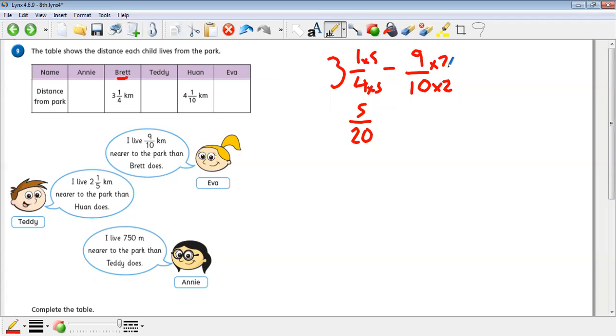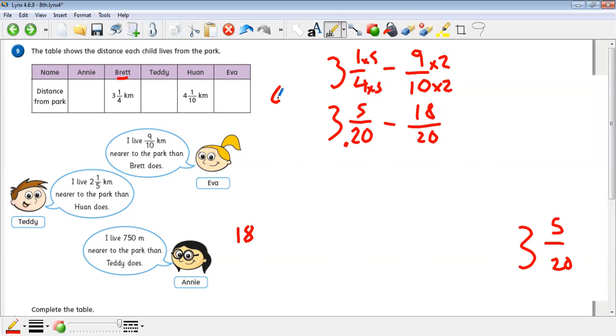Over here would be 18/20, sorry, brain froze there. 3 and 5/20. Now you could go top heavy with this over here. You could just turn it into 65/20 and then subtract the 18. That would also work. But in terms of how we've been doing it today, I'll just show you this method.